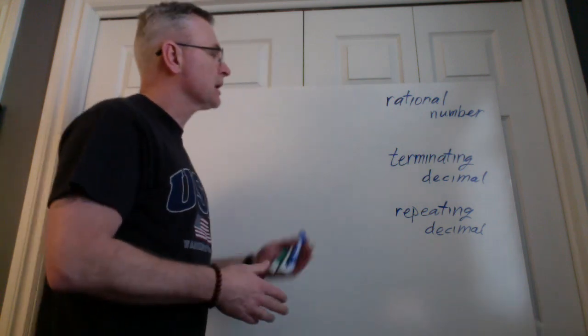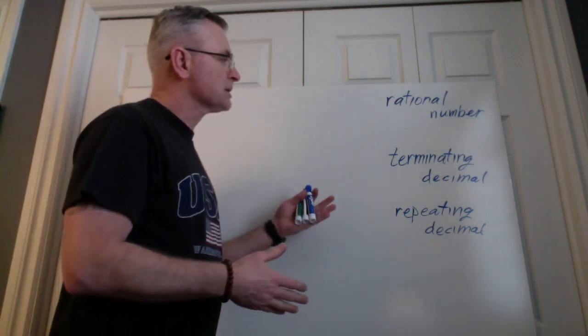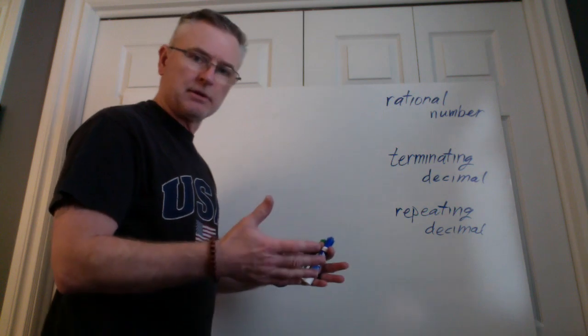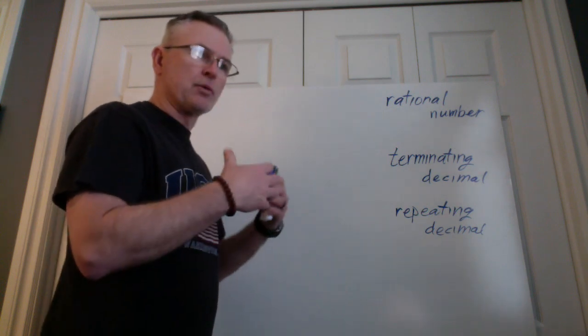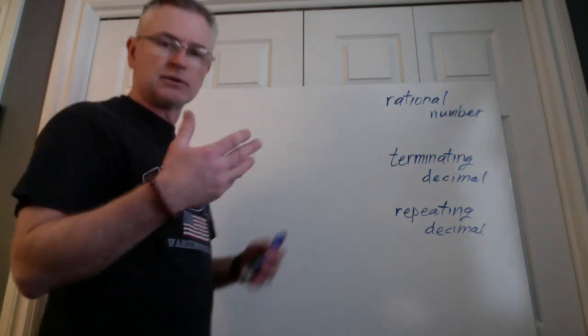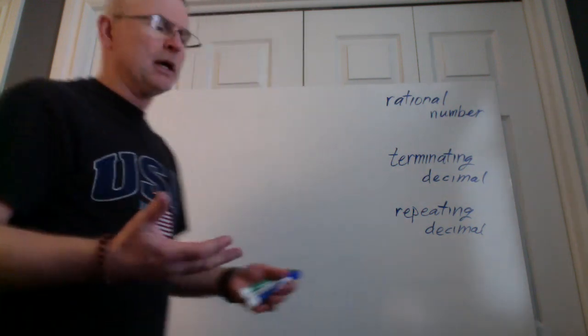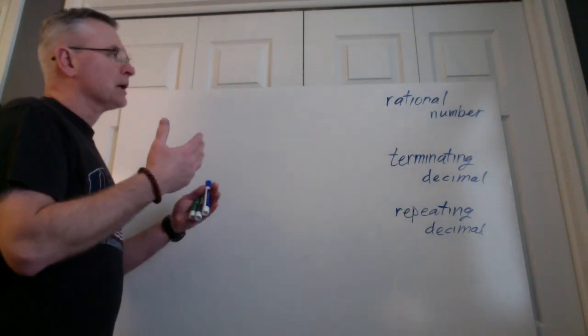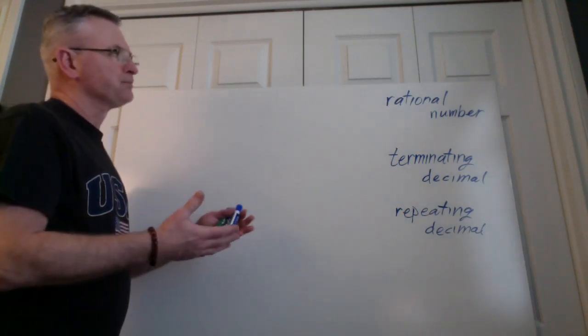So a lot of times it helps mathematicians out if we understand what kind of numbers we're using and what kind of numbers and answers we're expecting to get, whether we're gonna round things or whether we're gonna turn them into fractions before we mess with them, things like that. So we're going to start with rational numbers. Okay?